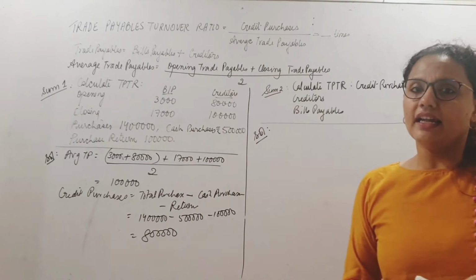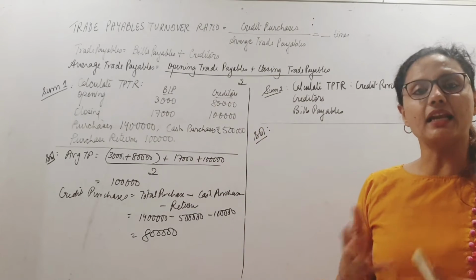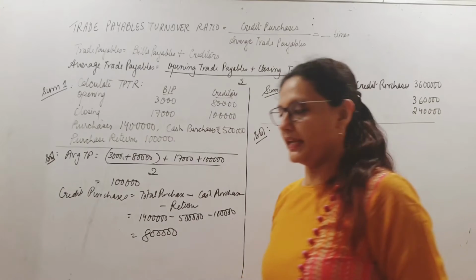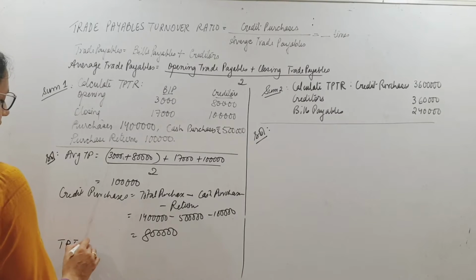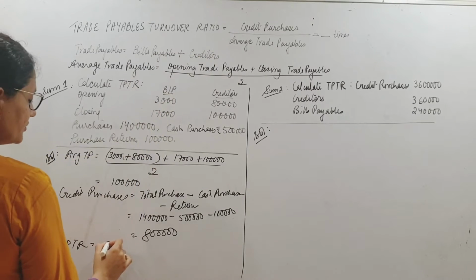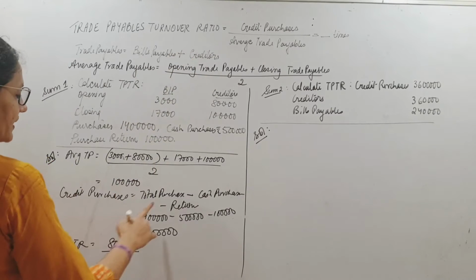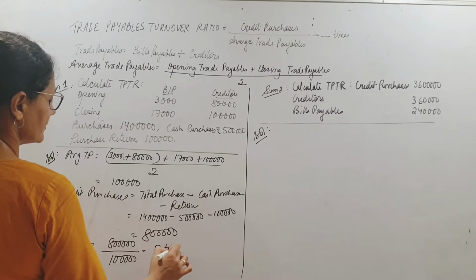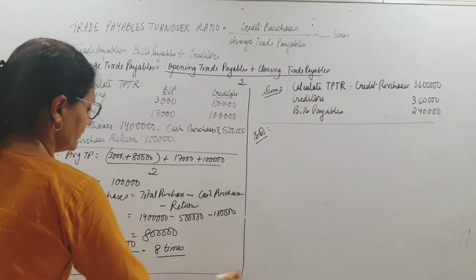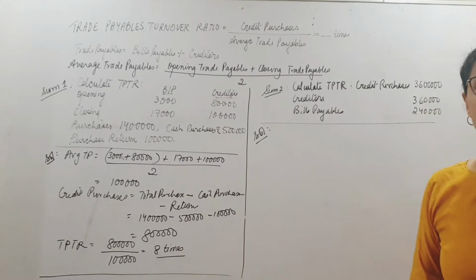Okay. On an average, my trade payables are 1 lakh. Therefore, I am paying up my trade payables at the rate of, so you are finding trade payables turnover ratio, which is credit purchases 8 lakhs divided by average trade payables 1 lakh. 8 times over, which is very, very fast, meaning your credit period is almost like 1.5 months.